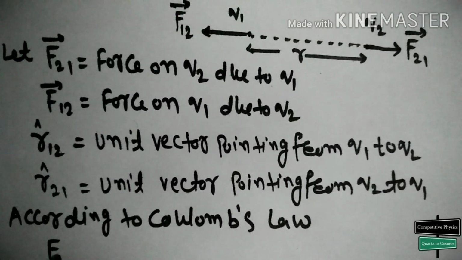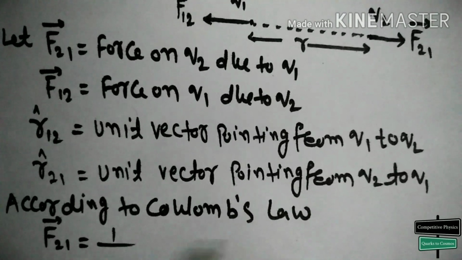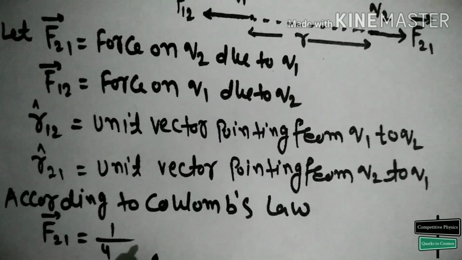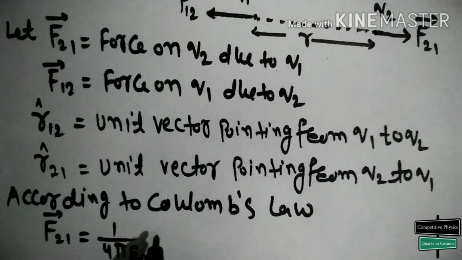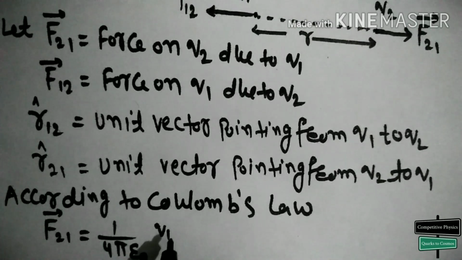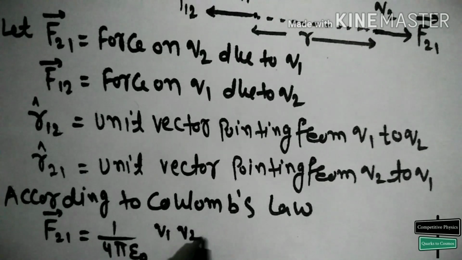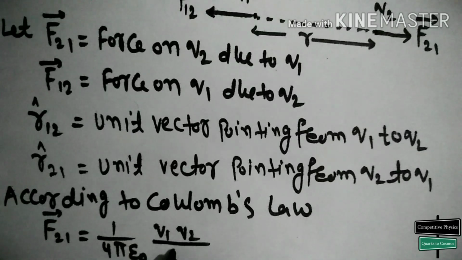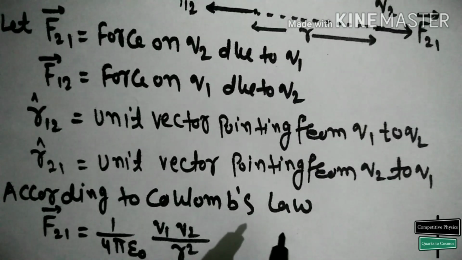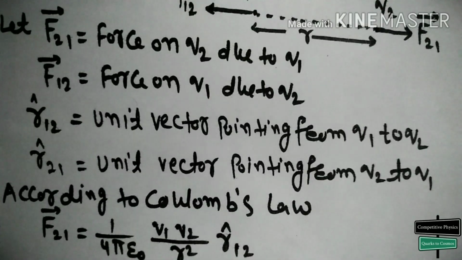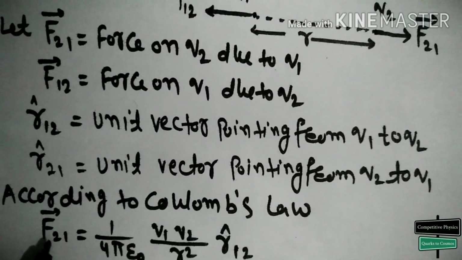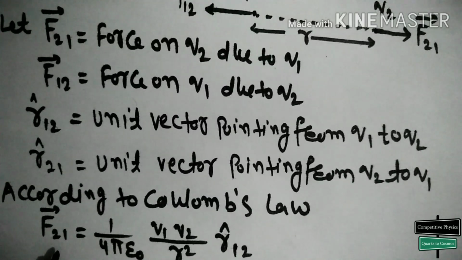Force on second charge due to first charge can be written as 1 upon 4 pi epsilon naught Q1 into Q2 by r square and r12 cap. So remember here, F21 is force on second charge due to first charge.